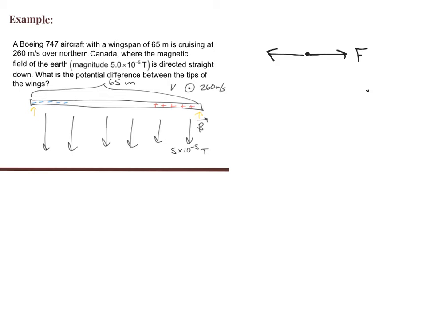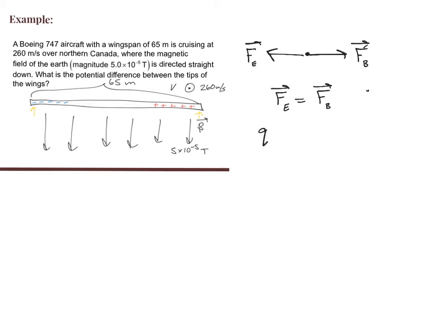You'll have the magnetic force going to the right, and the electric force going to the left, and they cancel out to be 0. So we'll say that the force electric has to be equal to the magnetic force in magnitude.